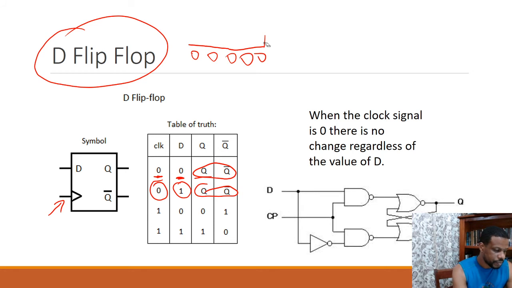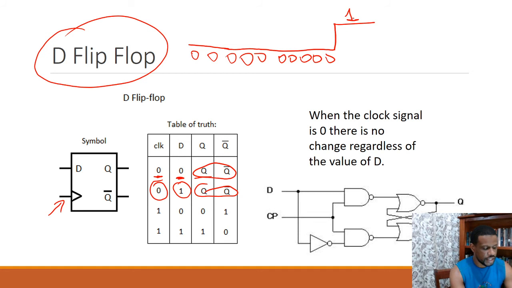However, if the clock signal jumps and becomes a 1 at any point in time, then the D flip-flop is going to react. So when the clock signal is 1 and the D is 0, Q is going to be 0. When the clock signal is at 1 and D is at 1, Q is going to be 1.